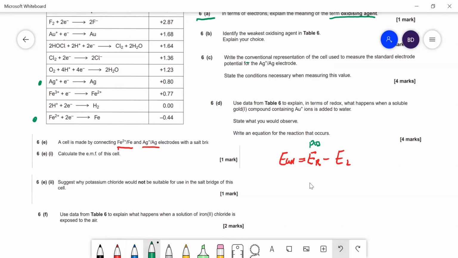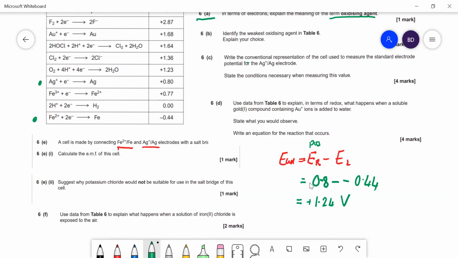So the most positive is the silver one. So it's going to be plus 0.8 minus the iron one, minus 0.44, which is equal to plus 1.24 volts. If you make the E right the positive one, then it's always plus, isn't it?